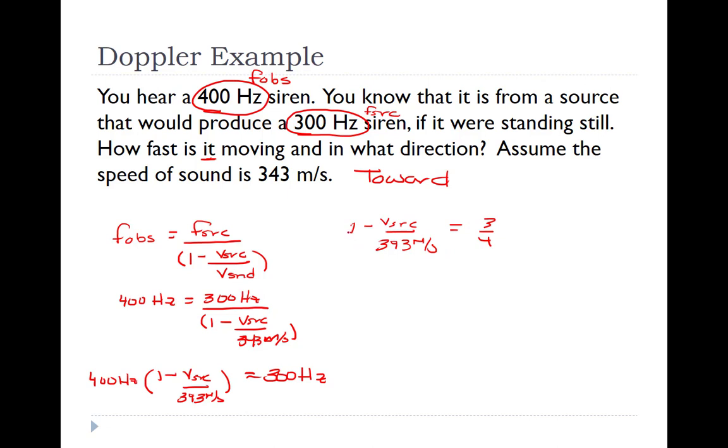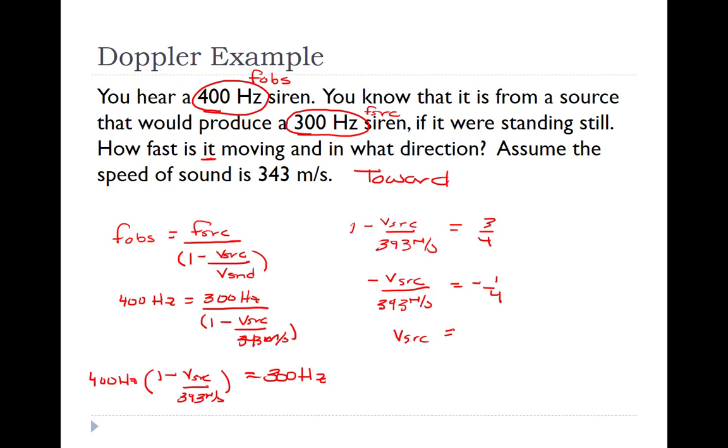I'm now going to subtract 1 from both sides, so I still have a negative sign up front here, so negative the source over 343 meters per second has to equal negative 1/4. I now have a negative on both sides, so I can cancel it. And to find the speed of the source, I need to take 343 and multiply by 1/4 or divide by 4.